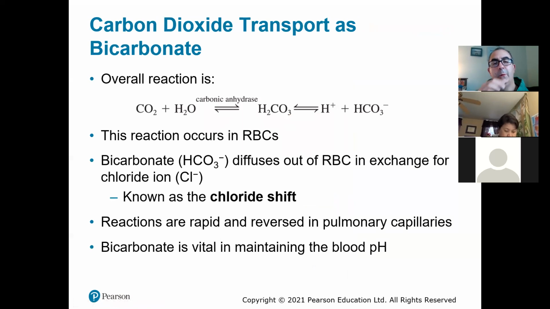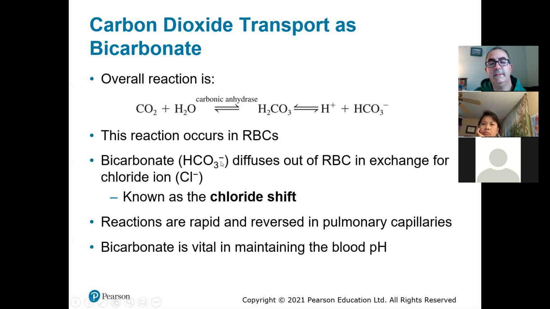Okay, so carbon dioxide transport as bicarbonate. Here's the reaction that takes place. Carbon dioxide reacts with water, and there's an enzyme that facilitates that reaction. So if you have carbon dioxide plus H2O, you get H2CO3, which breaks apart into H pluses and HCO3 minuses. This occurs in the red blood cell, so not in the plasma, but actually in the red blood cell.